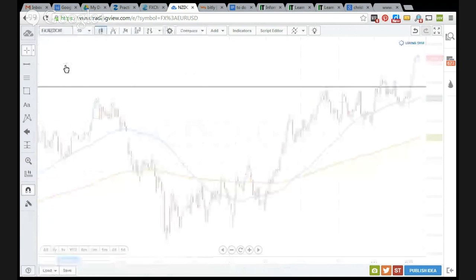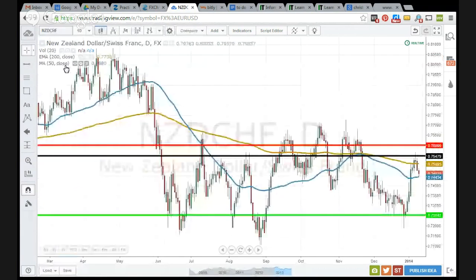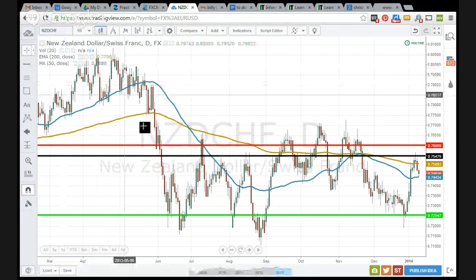New Zealand Swiss. Another scenario, we saw this with Canada Swiss, where we had a wonderful reversal candlestick at resistance level, a great trade opportunity. However, once I put the order, it didn't get filled. The market just immediately went off.